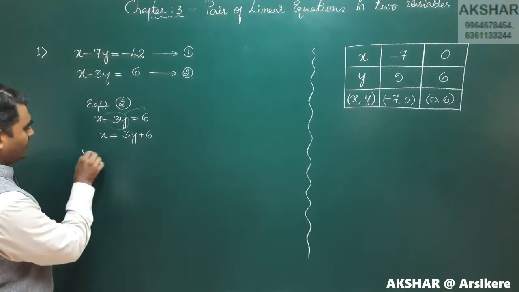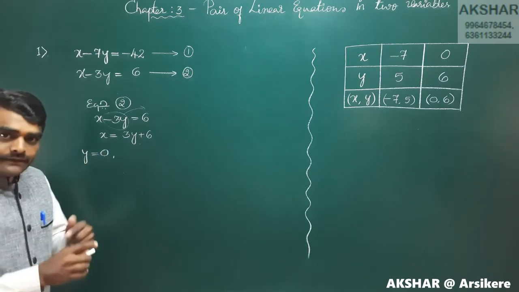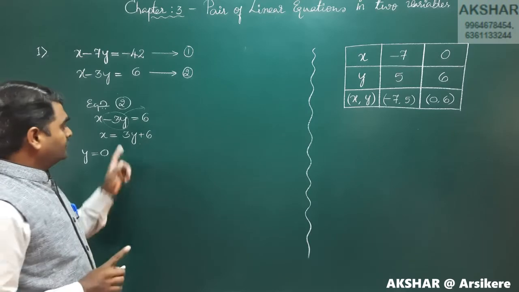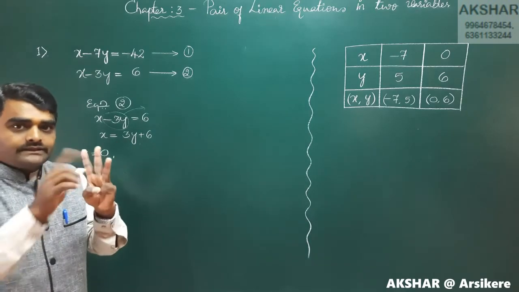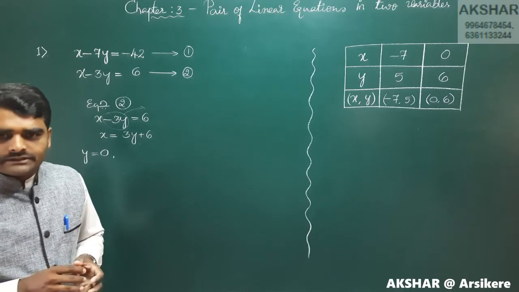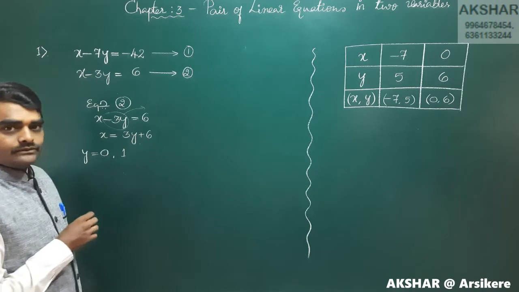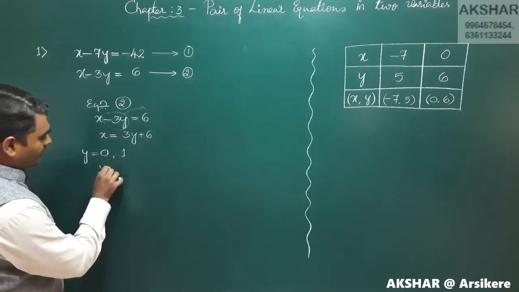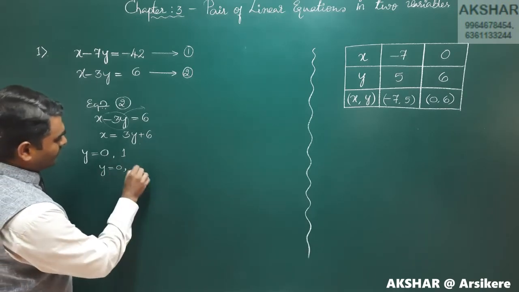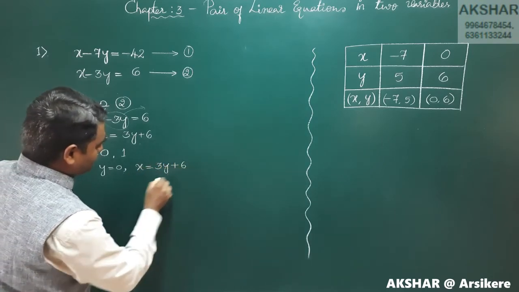Let y be equal to 0, one thing. If I assume y is equal to 1, 3 ones are 3, 3 plus 6, 9. 9 is also no problem, my dear children, right? Yes, assume y is equal to 1. See, if y is equal to 0, then the equation is x equals 3y plus 6.